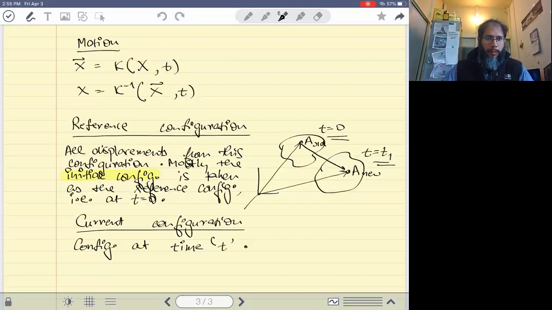Okay. It's also very common to call the reference configuration the undeformed configuration. And the current one is called the deformed configuration.